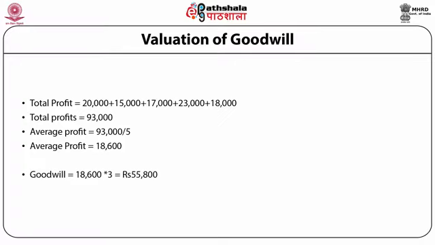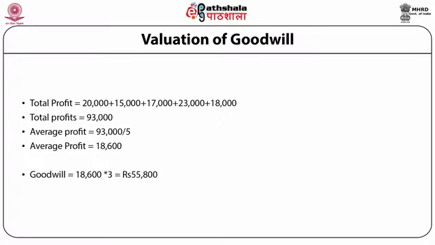So for calculating average profit, 93,000 is divided by 5 and average profit comes to 18,600. Now the value of goodwill is equal to average profit multiplied by number of years purchase, and number of years purchase is given as 3. So 18,600 is multiplied by 3 and value of goodwill is 55,800.